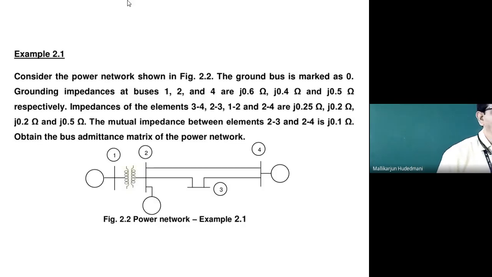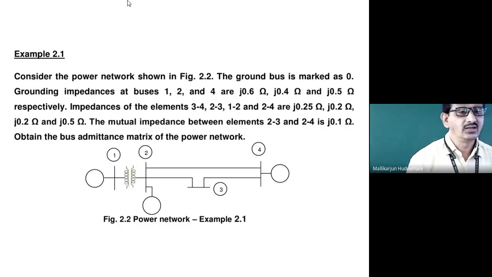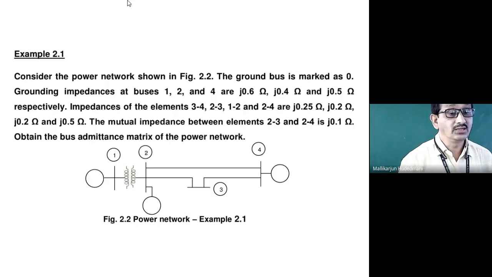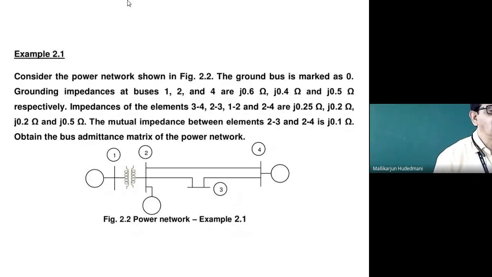That's the meaning. And look at the speciality. The mutual impedance between the elements 2-3 and 2-4. What do you mean by the element between 2 and 3? Bus 2 to 3, there must be connectivity. Yes, in the diagram, there is a transmission section from bus 2 to bus 3. And 2 to 4, there must be a transmission line between bus 2 and 4.